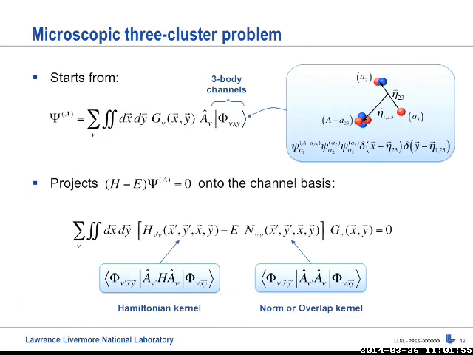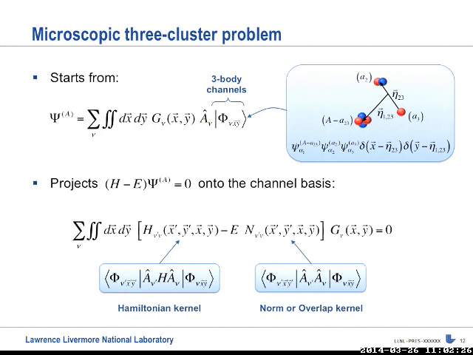Okay, so to tackle this kind of problem, we have to solve the microscopic three-cluster problem. Here, to describe the intrinsic motion of three nuclear fragments in relative motion with respect to each other, we use an ansatz of this type, in which these are unknown amplitudes that have to be determined and that represent the motion in the relative Jacobi coordinates of the system.